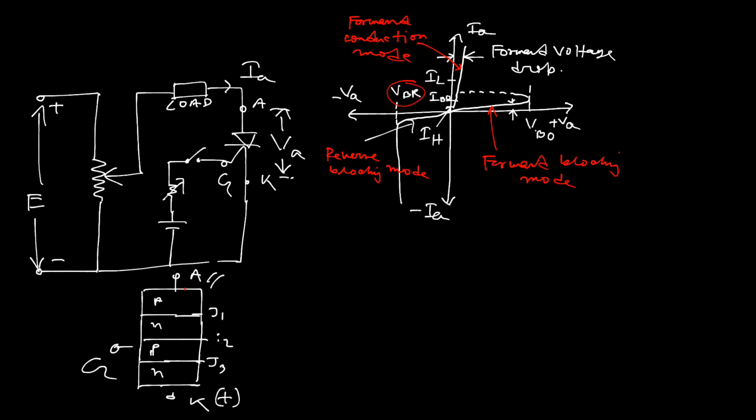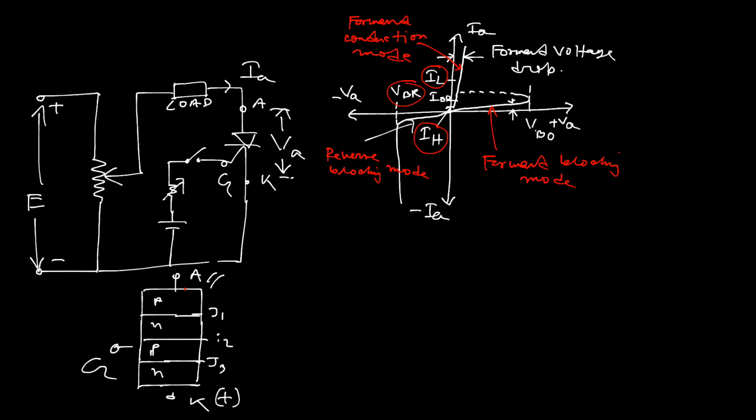That means these two currents are very important, IL and IH. IL is the minimum amount of current, the latching current, which is normally associated with the turn on process, and IH is the minimum amount of current, the holding current, which is normally associated with the conduction condition.